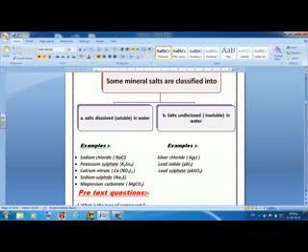Examples: sodium chloride NaCl, potassium sulfate K2SO4, calcium nitrate Ca(NO3)2, sodium sulfide Na2S, magnesium carbonate MgCO3. All these salts are soluble in water.